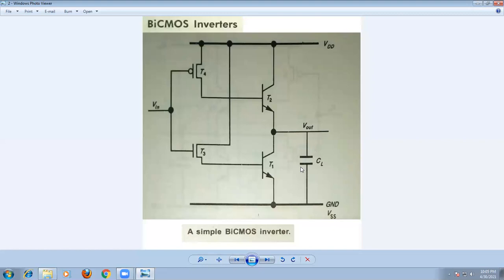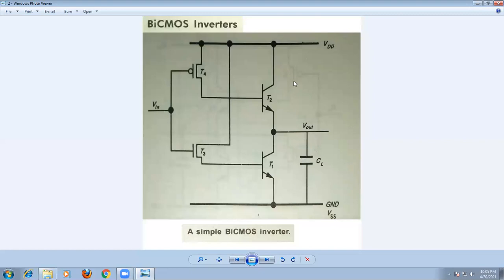We use these bipolar junction transistors in the output stages. If you introduce the bipolar junction transistor in the output stage, the output drive will be increased. That means it is able to drive heavy loads also. That is the main advantage of this BiCMOS technology.